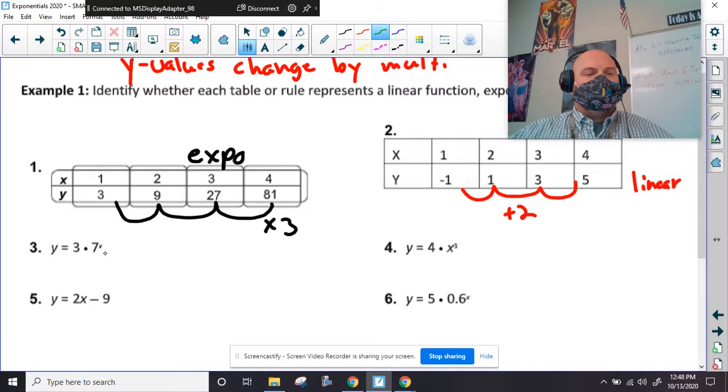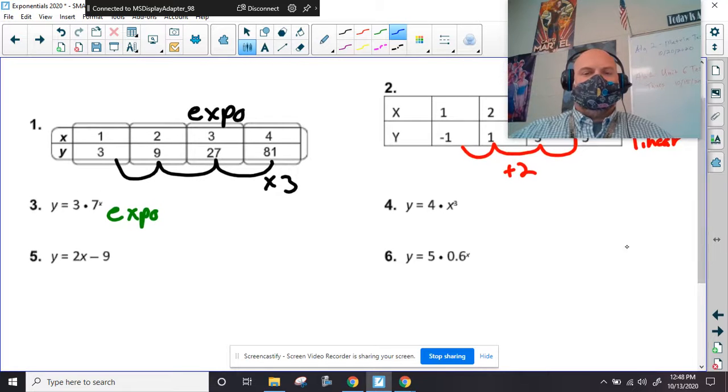Number 3, where's the x? Not just behind the 7, it's an exponent, so this is exponential. All right, number 4, what do you think this is?